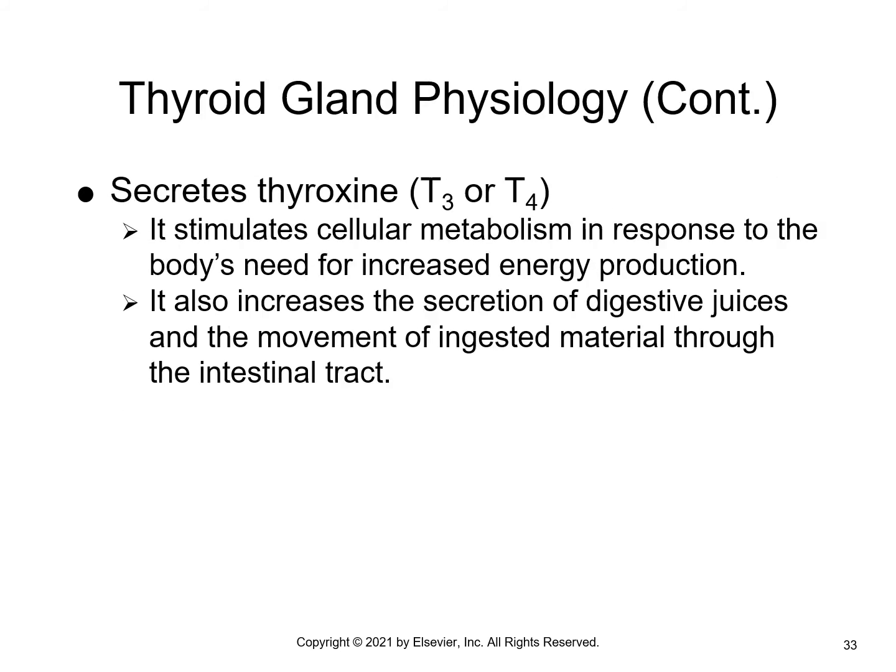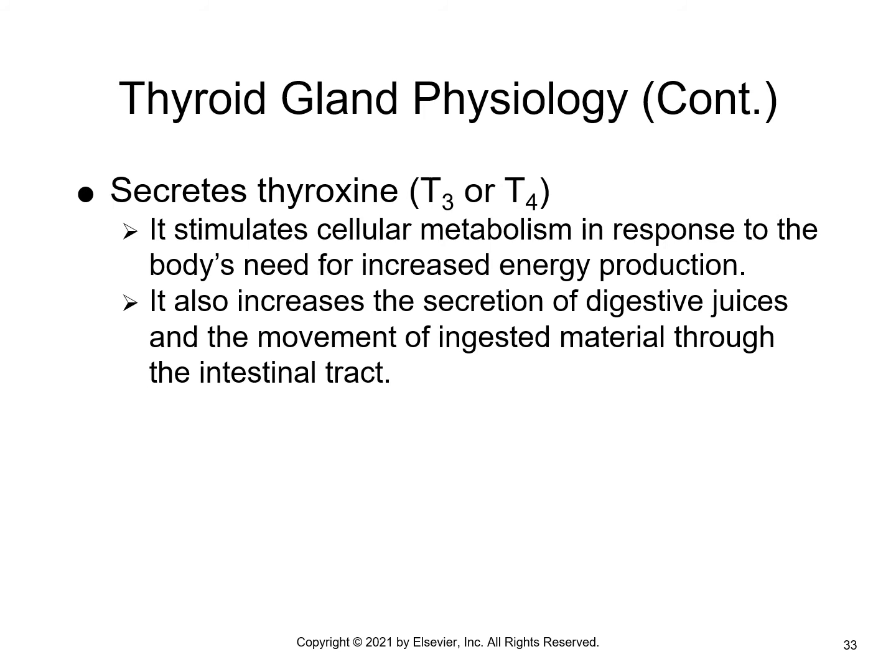The two hormones that the thyroid gland secretes are thyroxine, T3 or T4. Now, the difference between T3 and T4 is that thyroxine, to become active, must connect with iodine. To create T3, the thyroxine must connect with 3 iodine atoms, whereas with T4, it must connect with 4 iodine atoms.